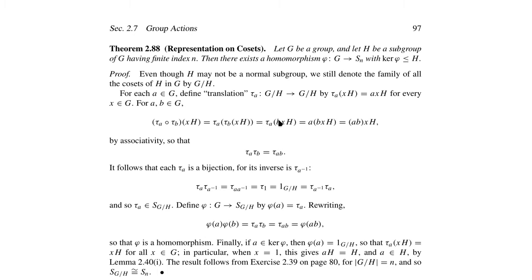So it has a finite index n. Then there exists a homomorphism from the group to the symmetric group of n elements with the kernel of the homomorphism being less than or equal to H, in the sense that it will be a subset of the subgroup H. So this is something that you might remember.